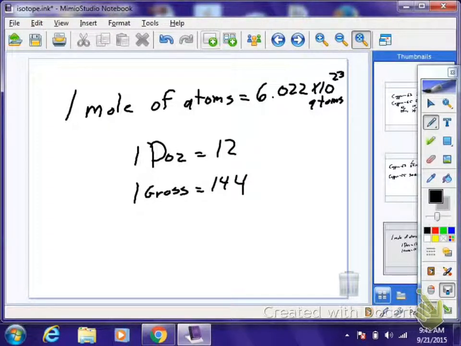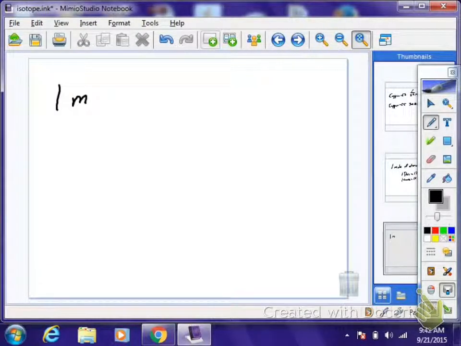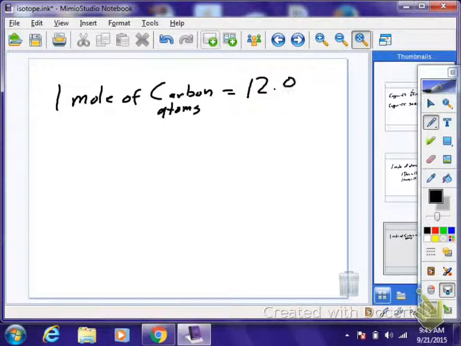So if I have 1 mole of carbon atoms, that's going to equal 6.022 times 10 to the 23rd atoms in total, but it's also going to equal the weight of carbon in grams. And it's going to equal a weight of 12.0, and then as you go on and look at carbon, it's 12.011. Yours might take it out a little bit further.